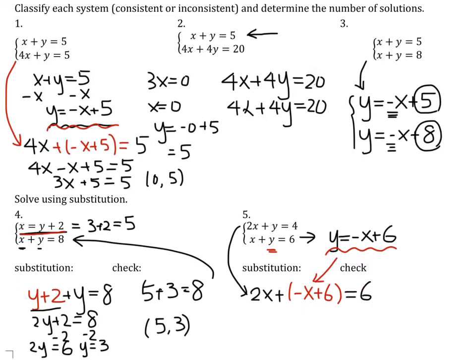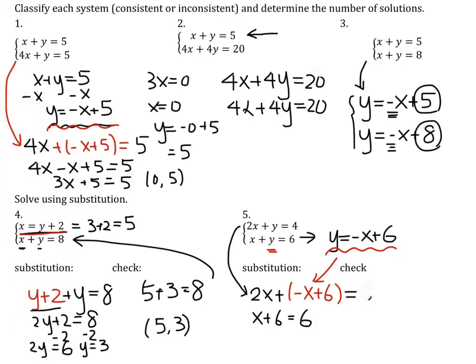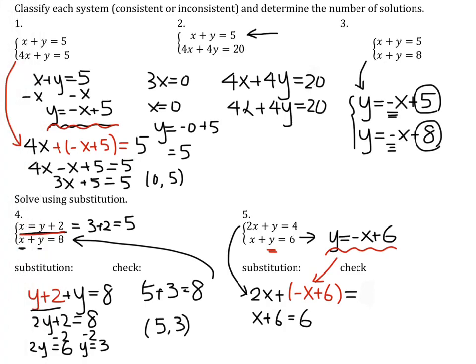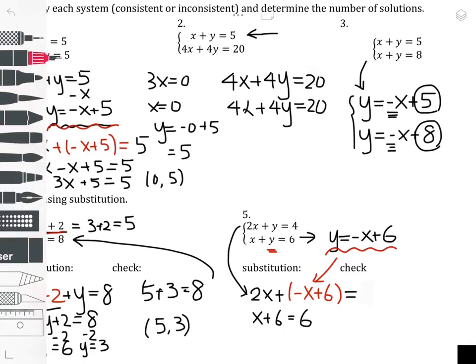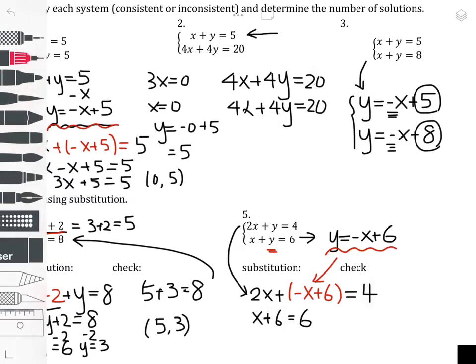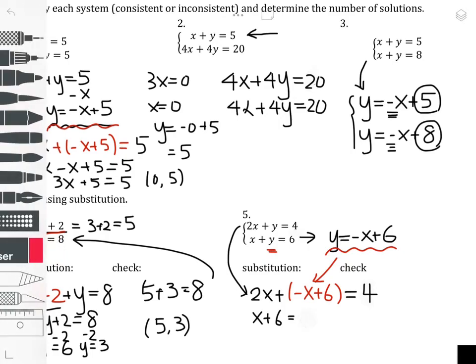So I have 2x plus negative x plus 6, which is x plus 6 equals 6. Now, what did I do wrong here? I have to erase. The given equation here is 4, not 6. Do you see that? The given equation for number 5 is 4. So I apologize. It should be x plus 6 equals 4.